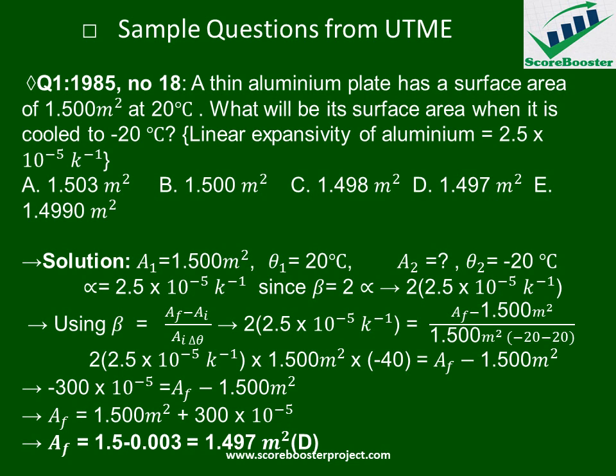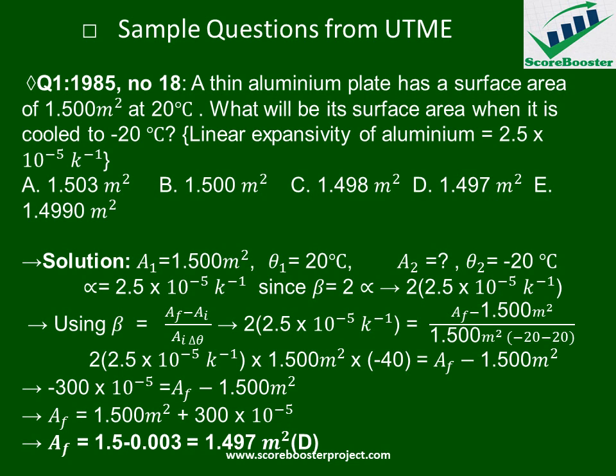Then when we substitute for the given parameters, our beta, which is 2 into 2.5 times 10 to the power minus 5 per Kelvin, will be equal to final area, which is unknown, that is AF, minus initial area, which is 1.500 meters square, over initial area 1.500 meters square, times change in temperature.